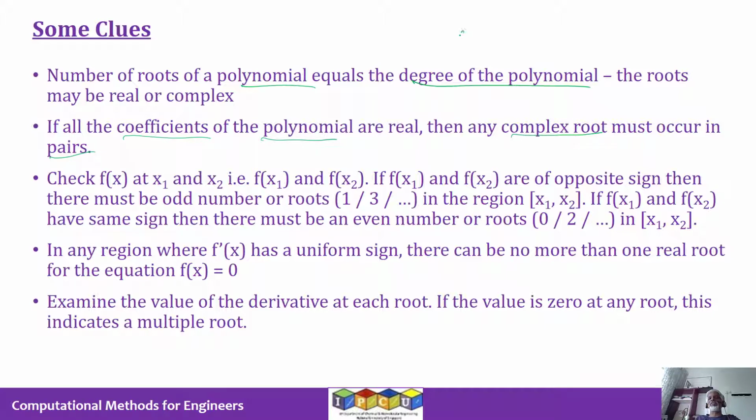For example, if you had 6x to the power of 4 plus 5x cubed minus 3x squared plus 2x minus 1 equals 0, you can safely say this will have 4 roots. And if the roots are complex, then the complex roots will always occur in pairs. That means there will always be roots that are complex conjugates. It means if one root is a plus bi, where a and b are numbers, the other root will be a minus bi. This is what is meant by complex conjugates.